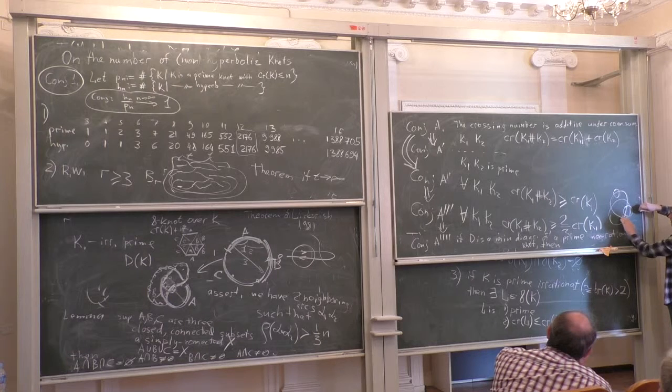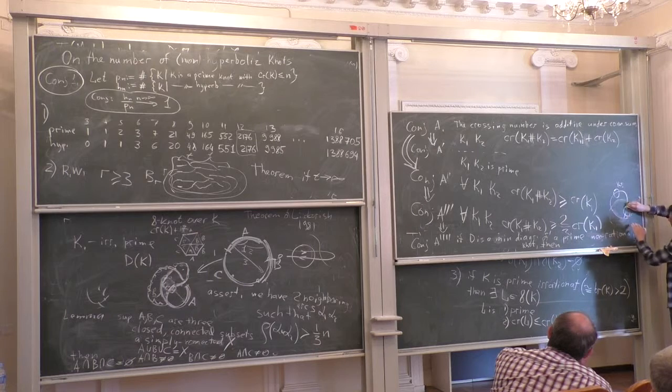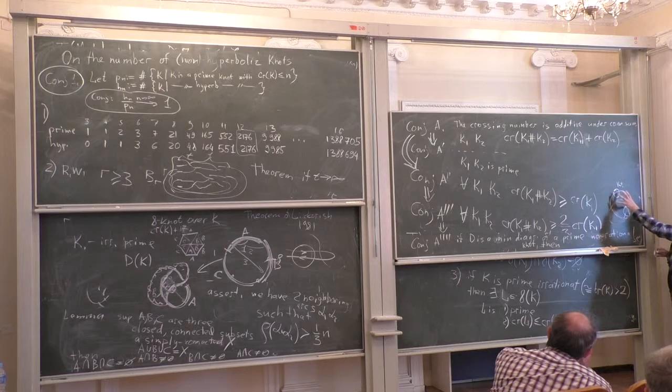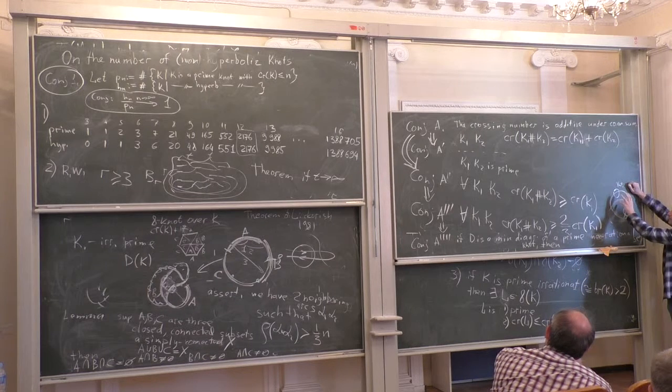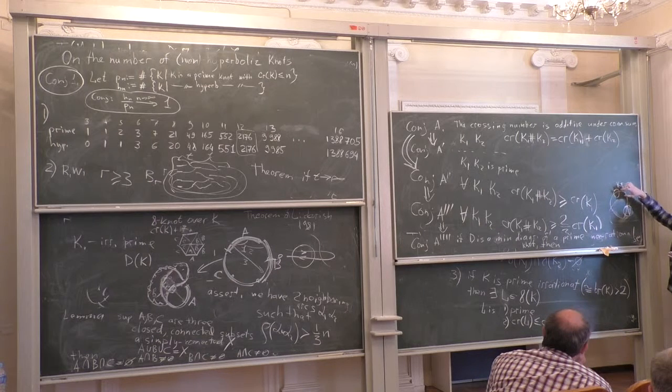And now I can delete the second string and just close this thing and obtain some non-trivial knot K. This knot should be inside the initial knot, because it's a local knot. But the initial knot is prime, so this one is equal to the initial one.